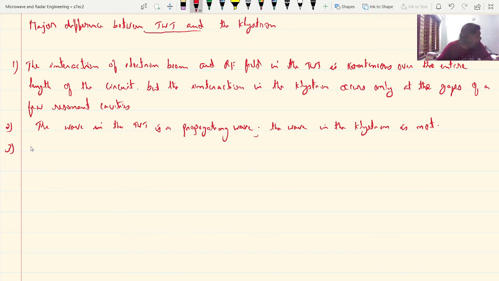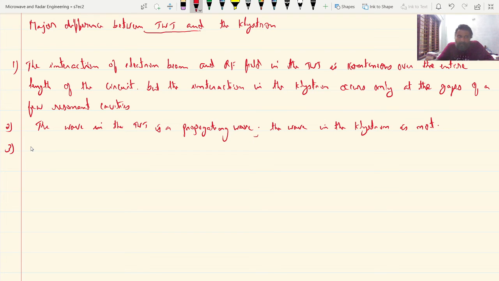In the coupled cavity traveling wave tube, there will be a coupling effect between the cavities, whereas each cavity in the klystron operates independently.